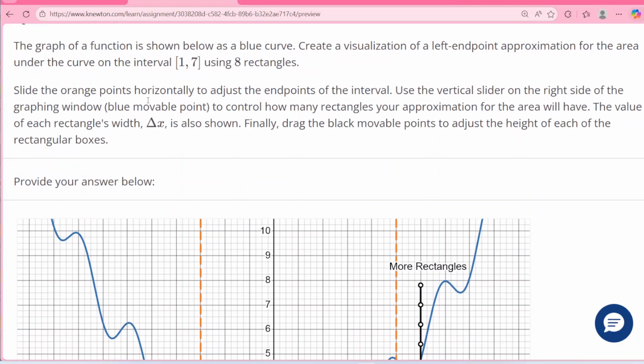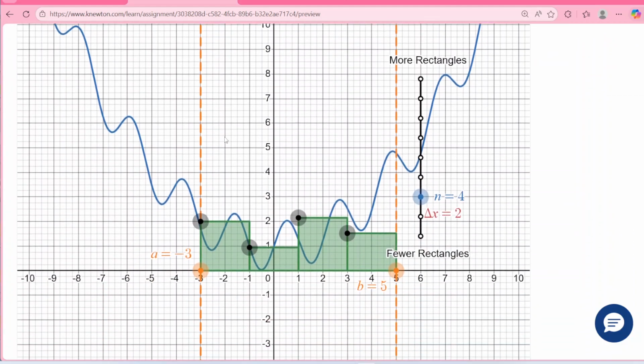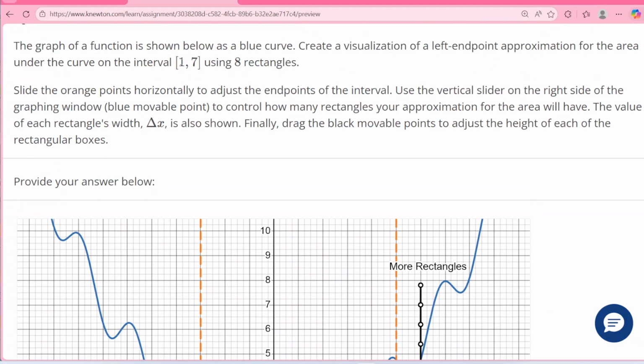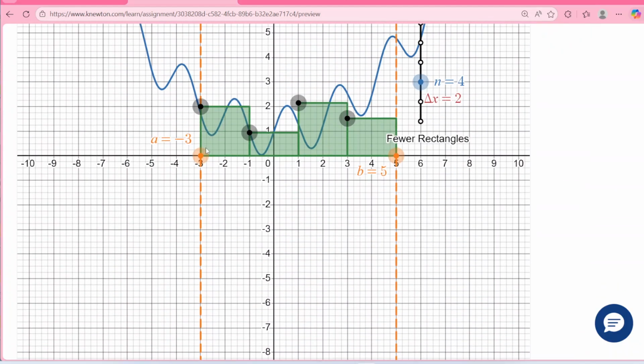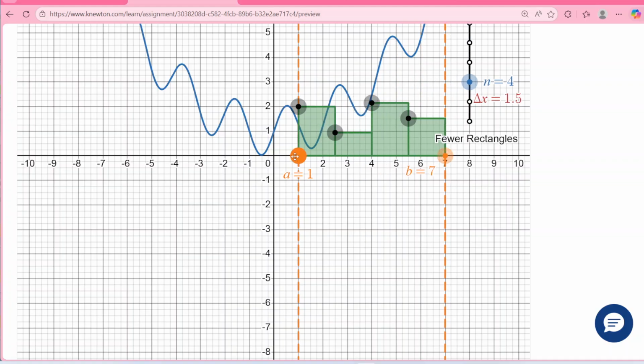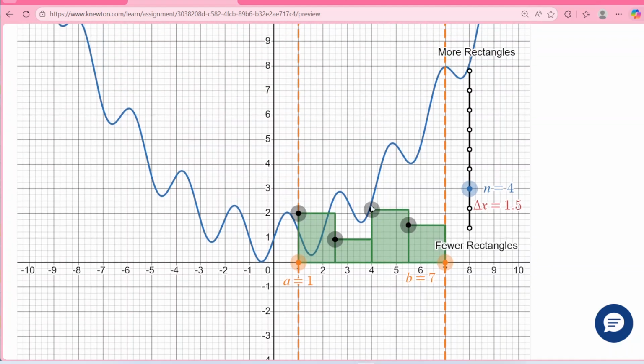Slide the orange points horizontally to adjust the endpoints of the interval. All right, so we need to be from, it says the interval's from 1 to 7. So I'm going to move the left end of the interval to 1, the right end to 7. So now we're looking between 1 and 7.